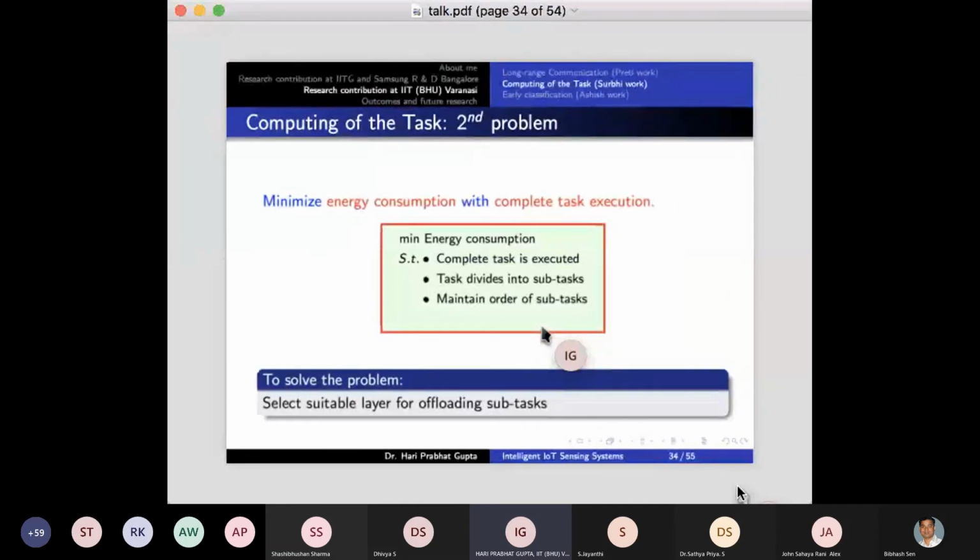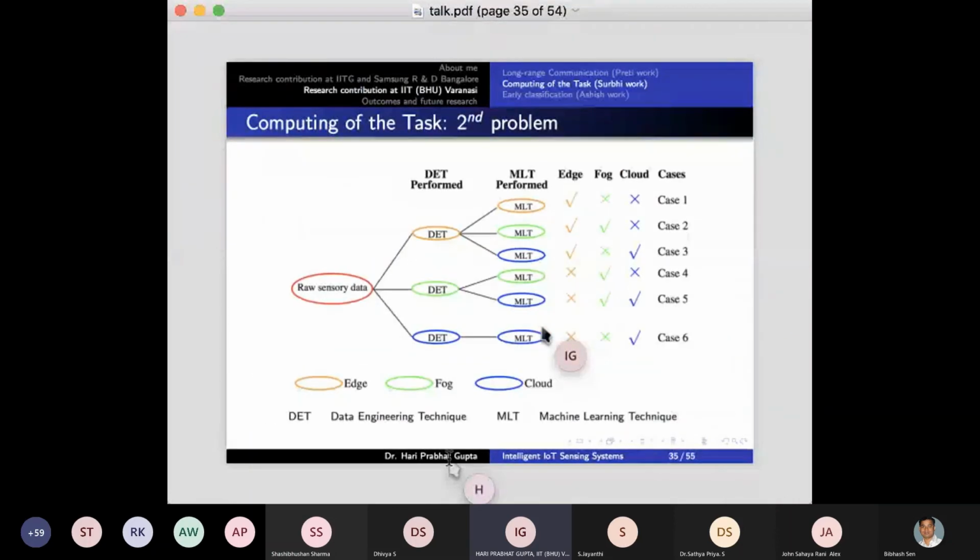In the second problem, along with the deadline, we also consider the energy, so it consumes limited energy. The interesting part in the second problem is that we also maintain the order. As far as I have surveyed, I have not found any other work that considers the order of the tasks of the problem.